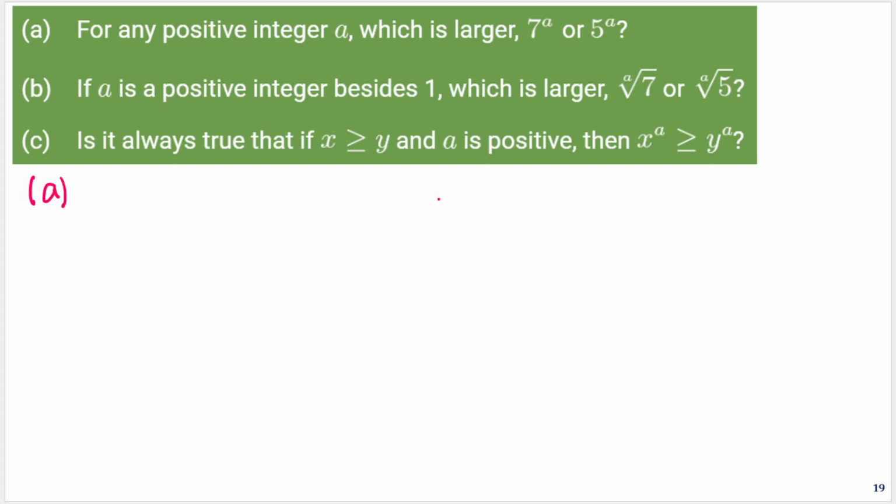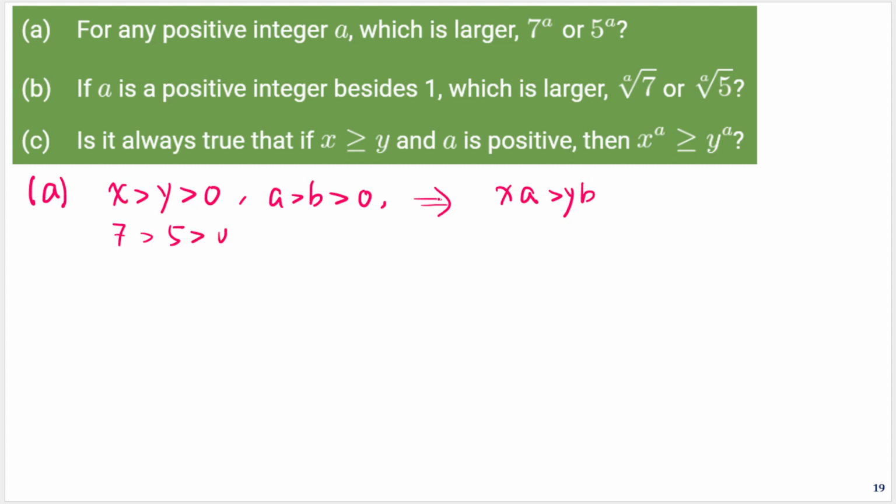We saw earlier that if x is greater than y, which is greater than 0, and a is greater than b, which is greater than 0, we must have x times a is larger than y times b, right? So here we simply have 7 is greater than 5, which is greater than 0, and 7 is greater than 5 and greater than 0.